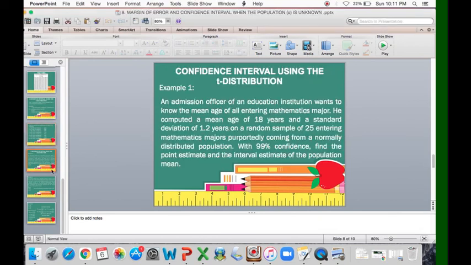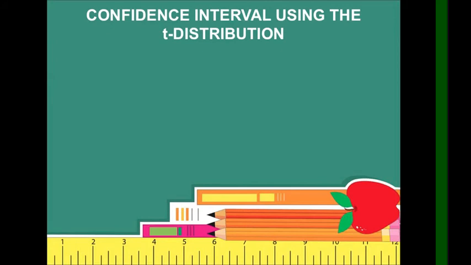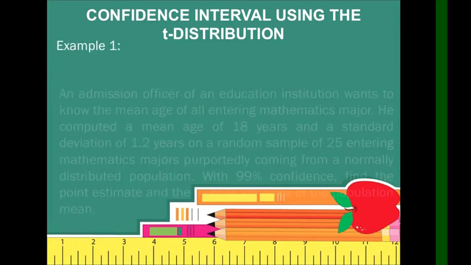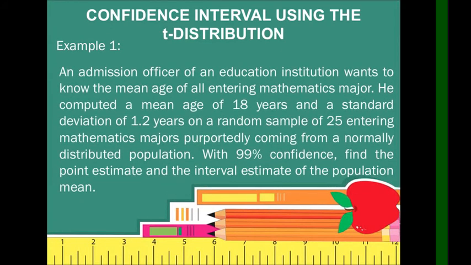Now let's have this problem solving. Alright, so we have this example. An admission officer of an education institution wants to know the mean age of all entering mathematics majors. He computed a mean age of 18 years and standard deviation of 1.2 years on a random sample of 25 entering mathematics majors, purportedly coming from a normally distributed population.